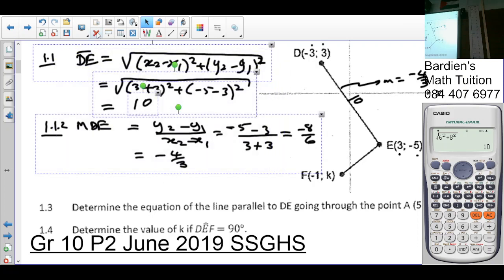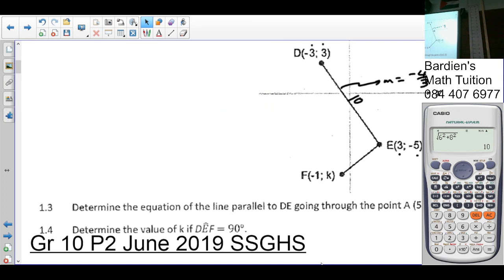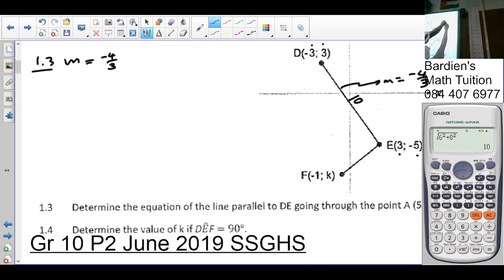Gradients are equal. So in 1.3, we should start off by saying that the gradient of that line is going to be negative 4 over 3. So it's going through 5 and 4. So it's approximately there, and it's going to be parallel to this line.